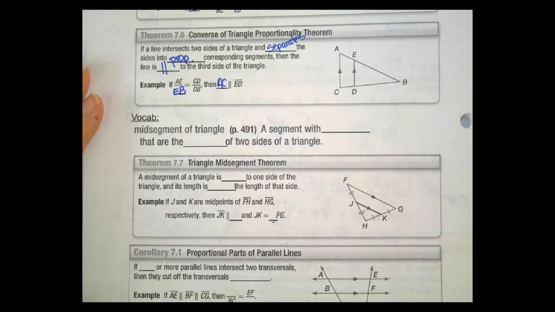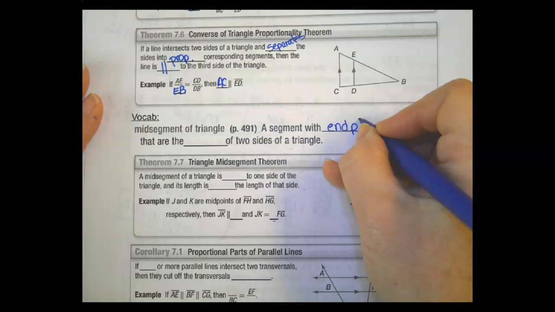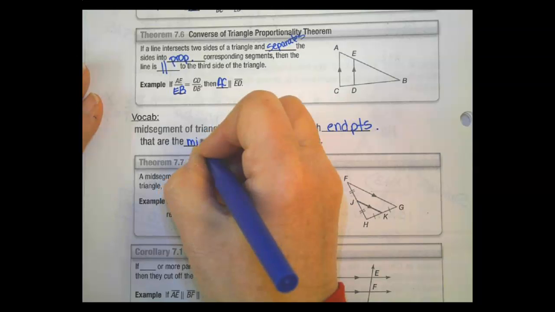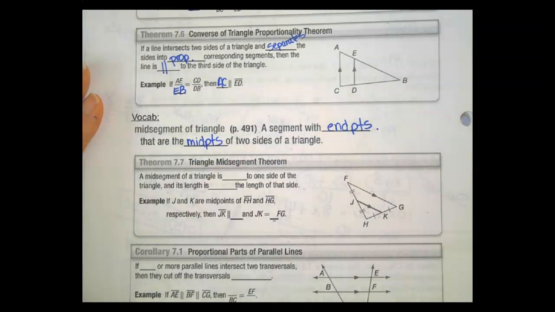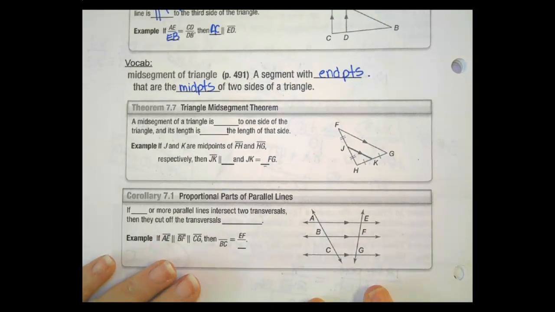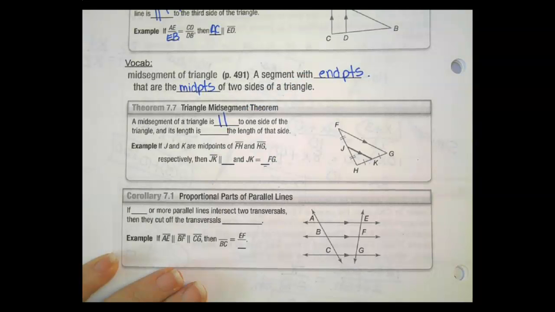Mid-segment. Obviously, that's going to be the center. A segment with endpoints that are midpoints. So, triangle mid-segment theorem: a mid-segment of a triangle is parallel to one side of the triangle, and its length is 1/2 the length of that side. So we need to know that.